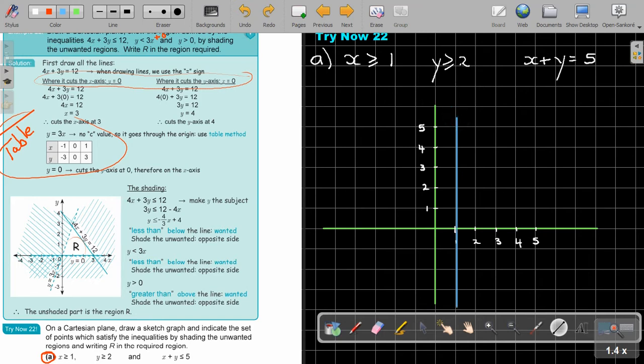So this is x is equal to 1. And y is equal to 2 will cut the y-axis at 2. And now I said x plus y will cut at 5 and 5. So there are the 2 points. Then I just draw my line.